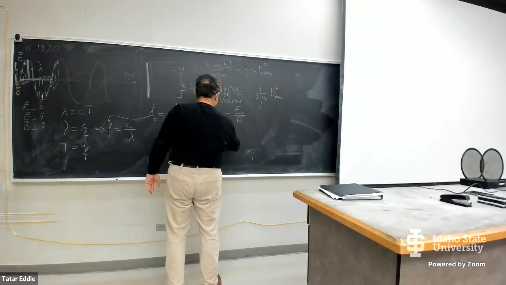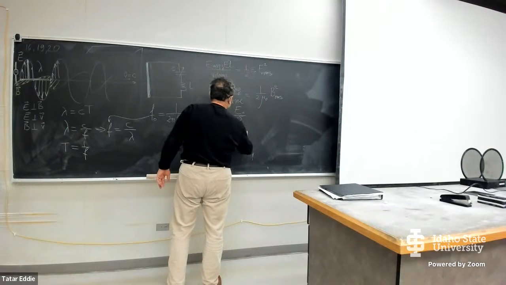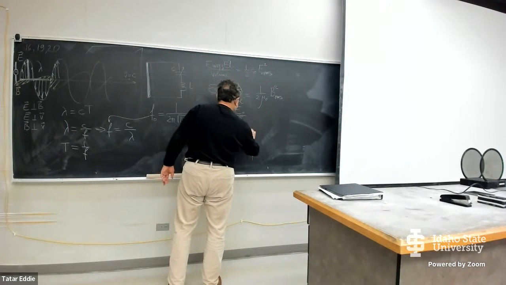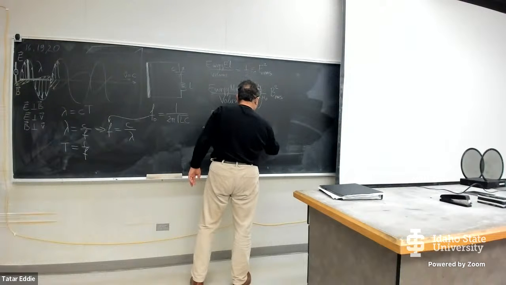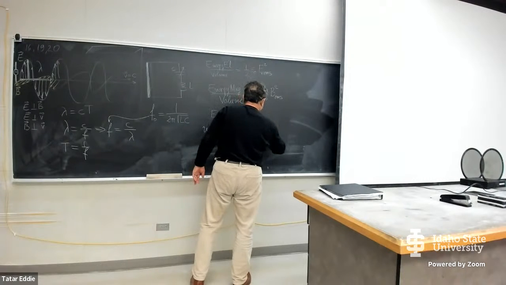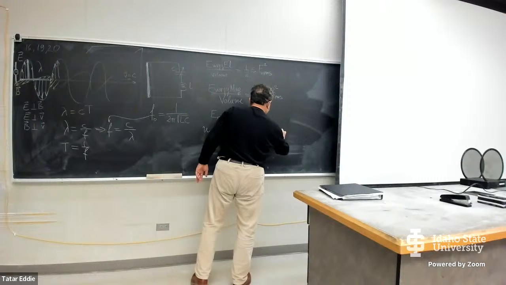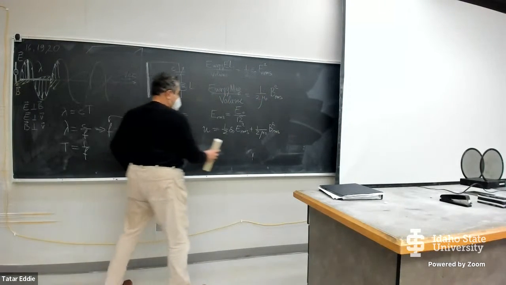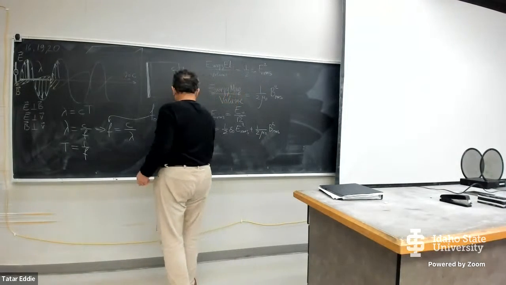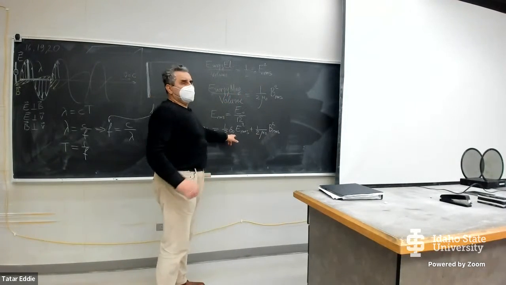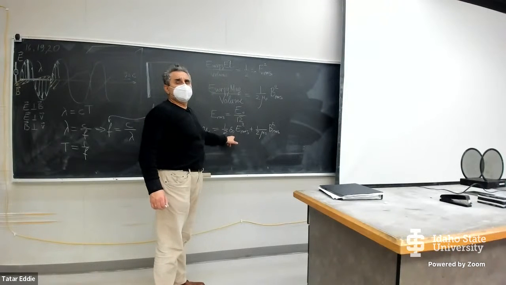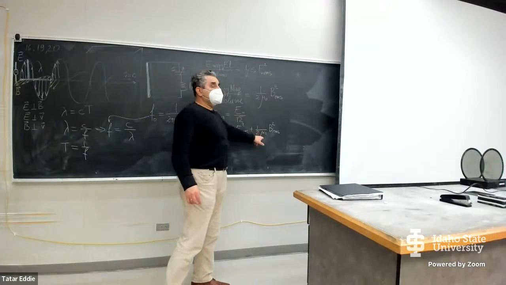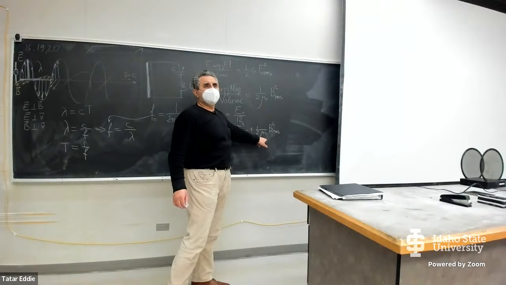In other words, it is 1/2 epsilon naught E RMS squared plus 1 divided by 2 mu naught times magnetic field squared, RMS value. Well, epsilon naught is of the order of 10 to the negative 12 or so, and mu naught is 10 to the negative 7 or so.